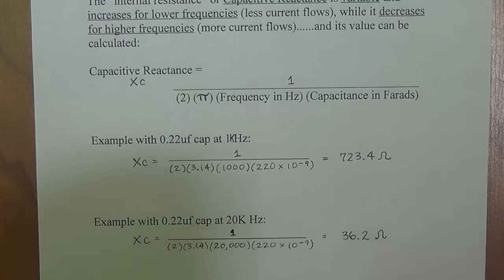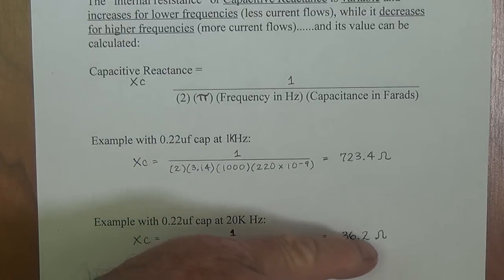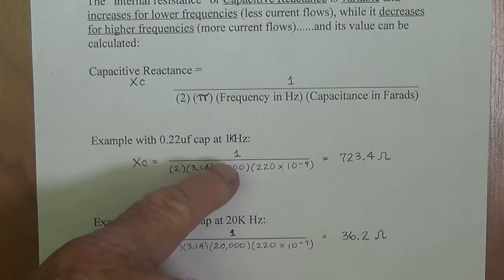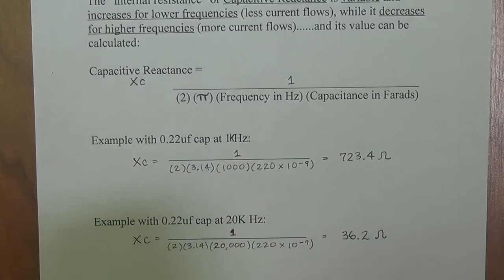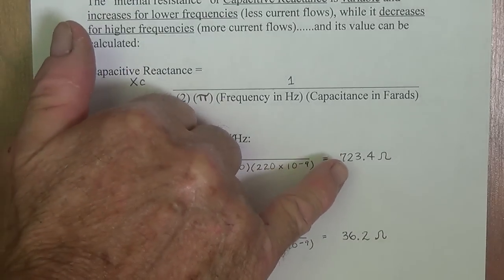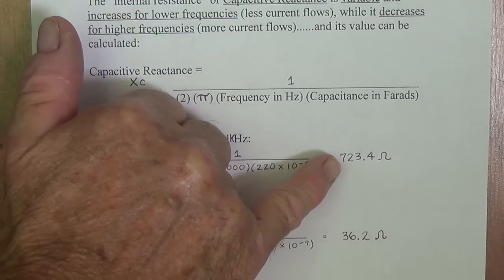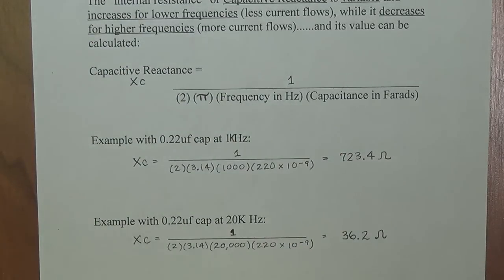We present almost no resistance, 36.2 ohms. But when that 1,000 cycle per second signal arrives, we crank the volume way down, presenting maximum resistance for that potentiometer of 723 ohms, and reduce it. So I think you can see how useful this would be for tone controls in our audio circuits.